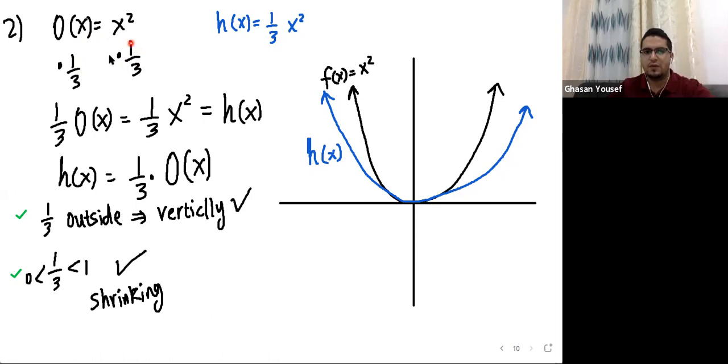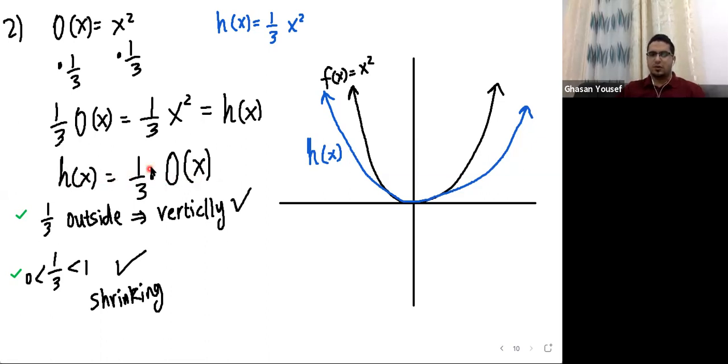I get 1/3 f of x equals 1/3 x squared, which is the same as h of x. So h of x equals 1/3 f of x. This is what I wrote here.